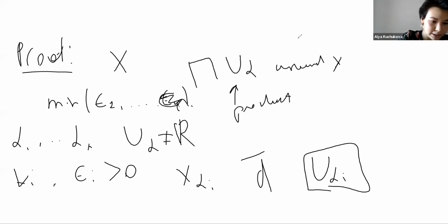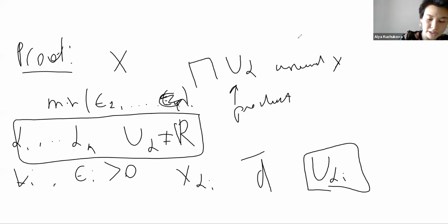Because we decided that from 1 to n, those are the indices at which U_alpha is not equal to R. So there is a finite number of them, and that means we can take a minimum. Great. So we find that epsilon, equal to the minimum of those, which means we are always able to find an epsilon ball centered inside of that product topology basis.